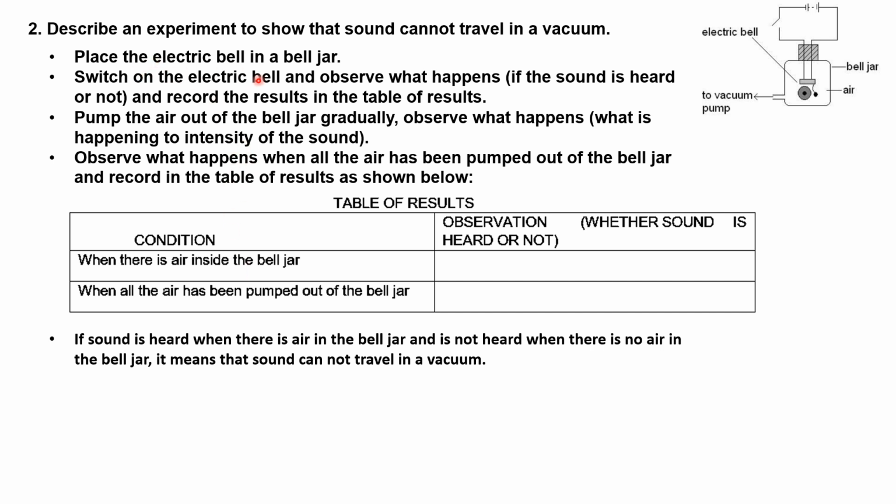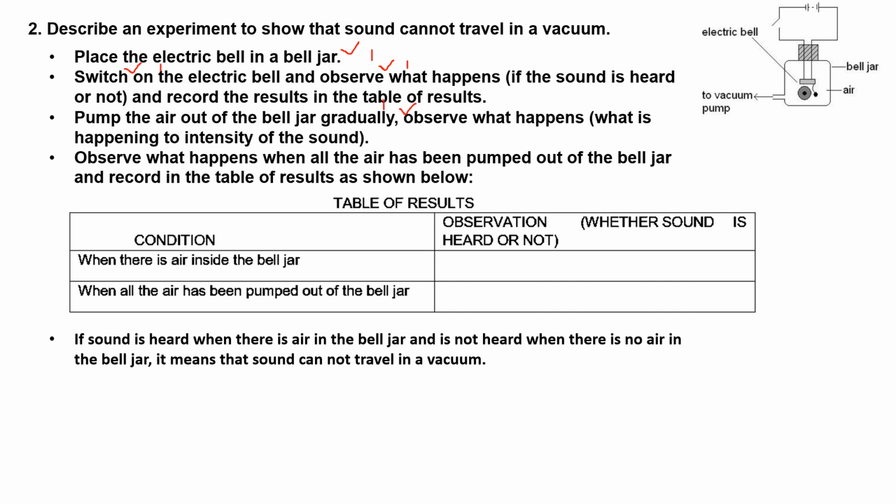So let's allocate marks. Placing the electric bell in the jar, 1 mark. Switch on the electric bell and observe what happens. By saying switch on the electric bell, that's 1 mark. And observe, 1 mark. Pump the air out of the bell jar gradually, 1 mark.